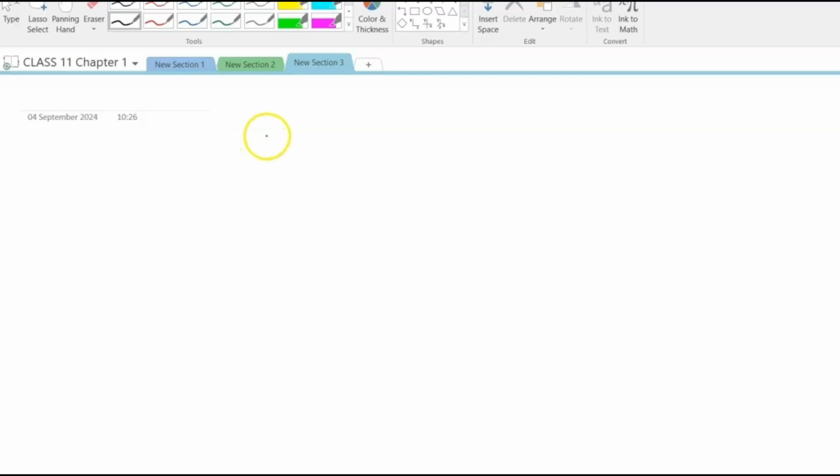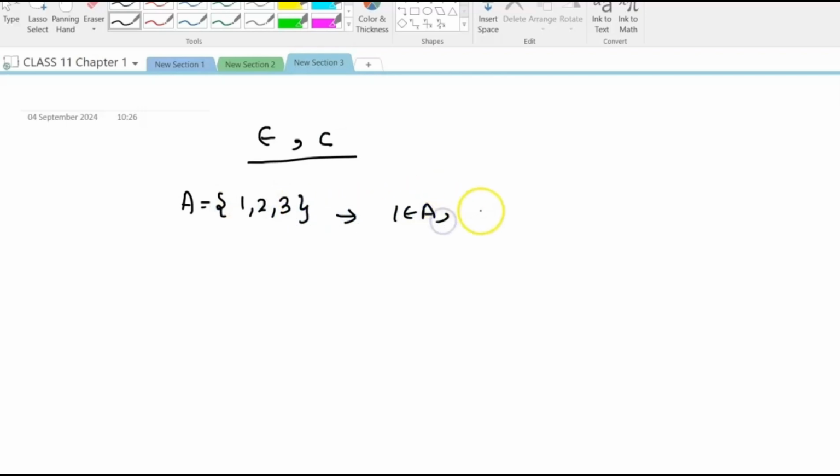This example beautifully illustrates the difference between these two signs, belongs to and subset. So if you have A equal to {1, 2, 3}, this means that 1 belongs to A, 2 belongs to A, 3 belongs to A. If you have B as {1, 2, 3, 4}, it means 1 belongs to B, 2 belongs to B, 3 belongs to B, 4 belongs to B. And this also means that A is a subset of B, right?